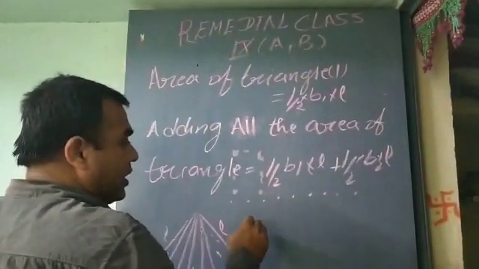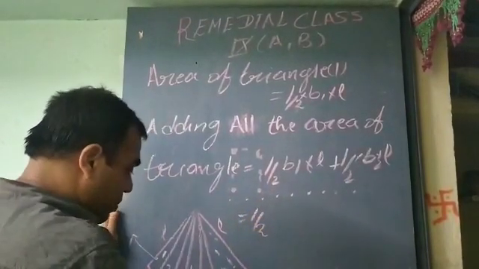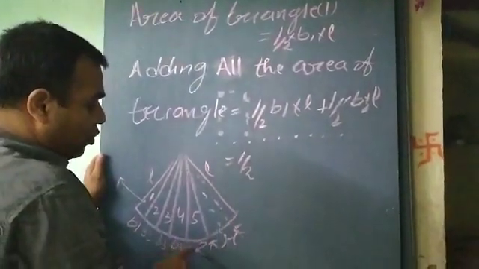So at last it will be equal to 1 by 2 into the bases B1, B2, B3, B4, B5.